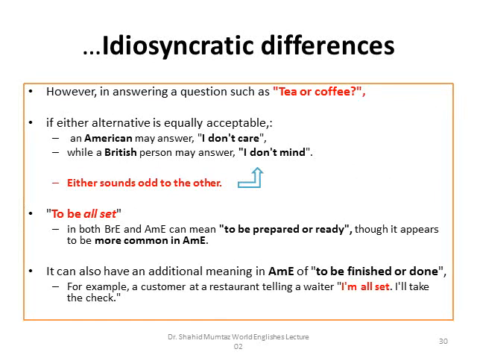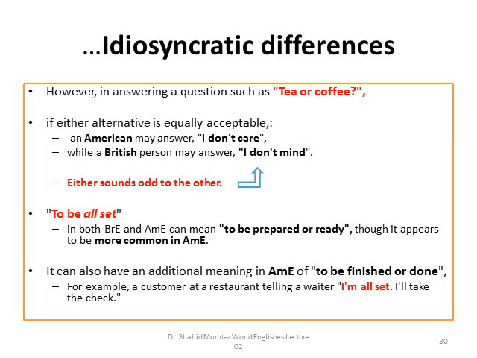However, in answering a question such as "tea or coffee?", if either alternative is equally acceptable, an American may answer, "I don't care," while a British person may answer, "I don't mind."